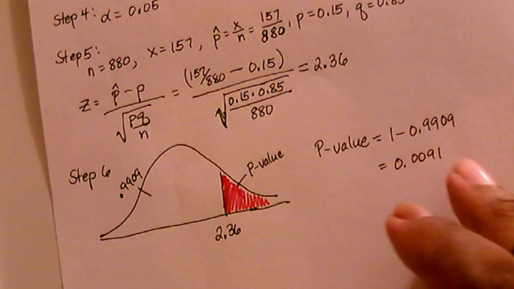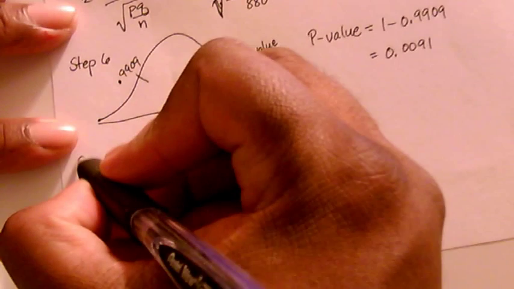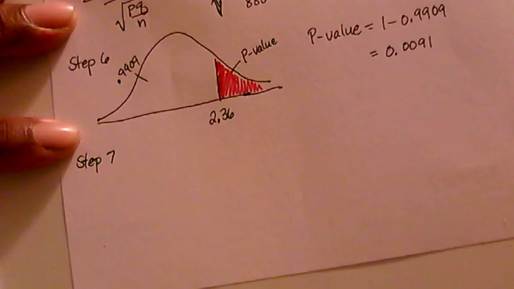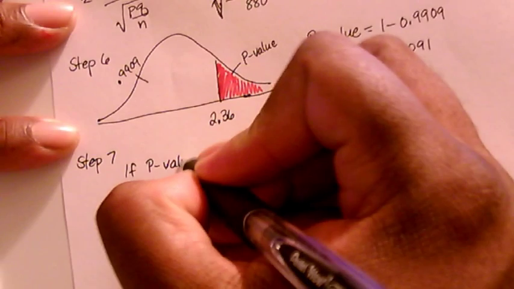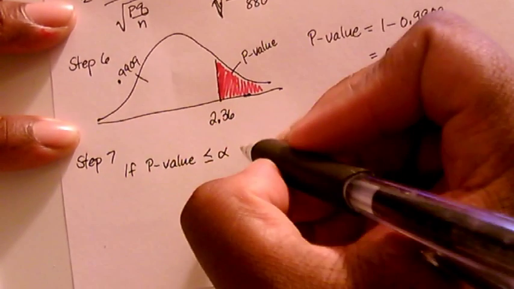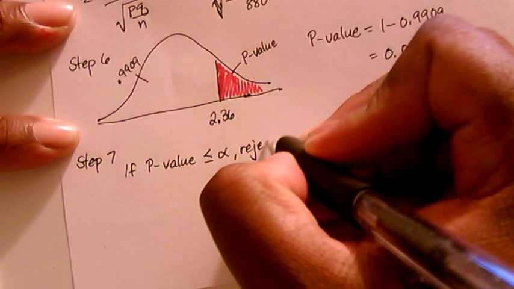Alright, step number 7 is our decision rule of rejecting the null or failing to reject the null. And that's this. If your p-value is less than or equal to alpha, you're going to reject the null.